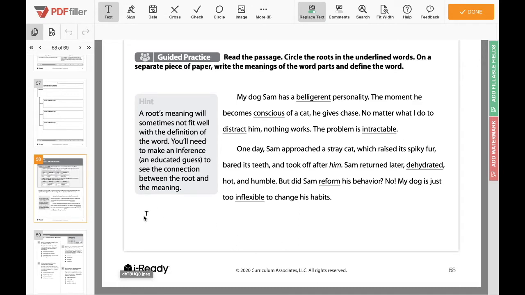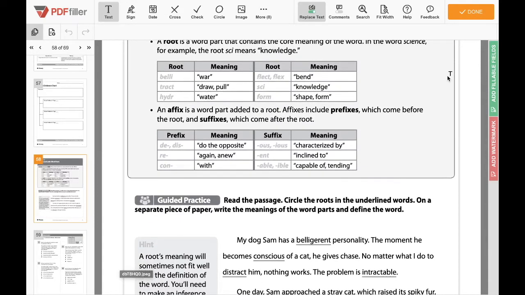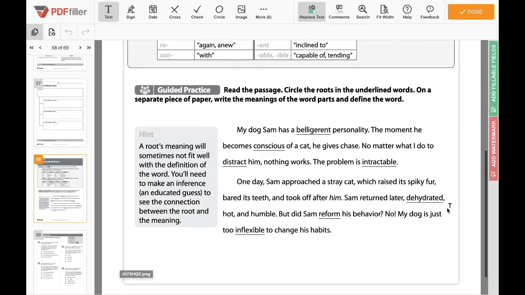I'm just going to do it at the bottom here, but you can do it on a separate sheet of paper. That is totally fine. First we'll go through and circle the roots in the underlined words. Again, the roots are the words up here, and I believe all of the roots that we see down in this area are given to us in this chart. That should be super helpful.